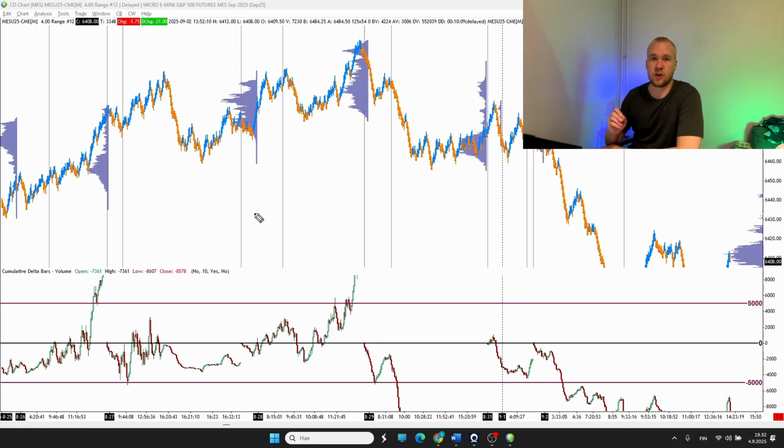But this only works if price continues to go up. So if there's a reversal, then obviously you're going to get stopped out. But those things happen. No strategy is ever going to be perfect, which is exactly why this should be used together with something else.